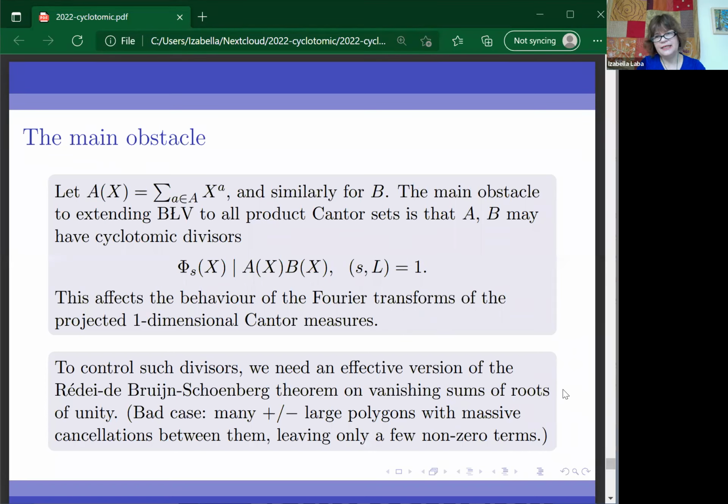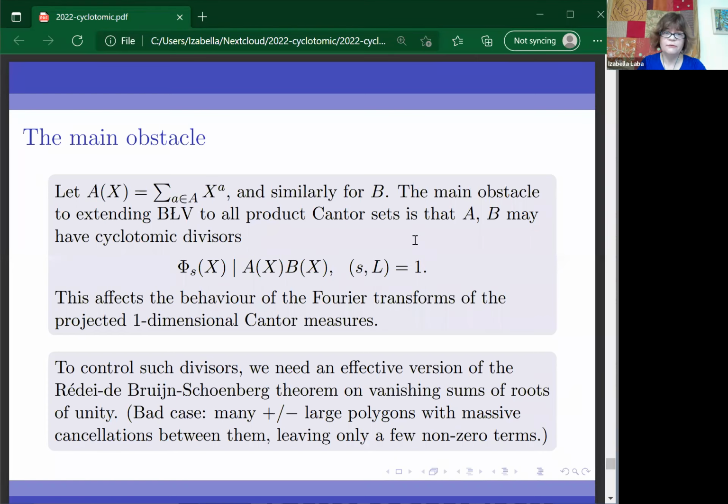And that's how we ended up getting interested in proving an effective version of that theorem, and therefore improving the lower bound on the length of vanishing sums of roots of unity with more than one cyclotomic divisor.